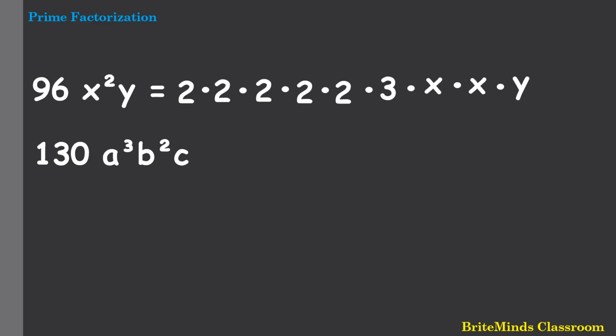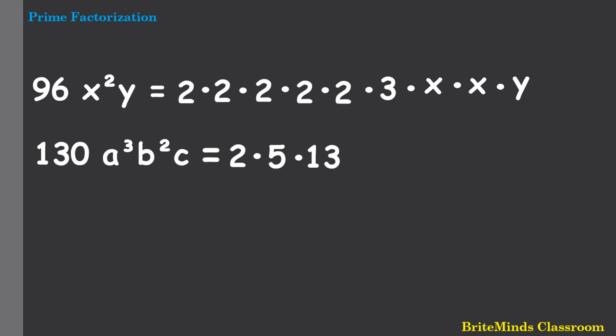Another example, 130 a cubed b squared c. So what is the prime factorization of 130 a cubed b squared c? We have 2 times 5, which is equal to 10, times 13.